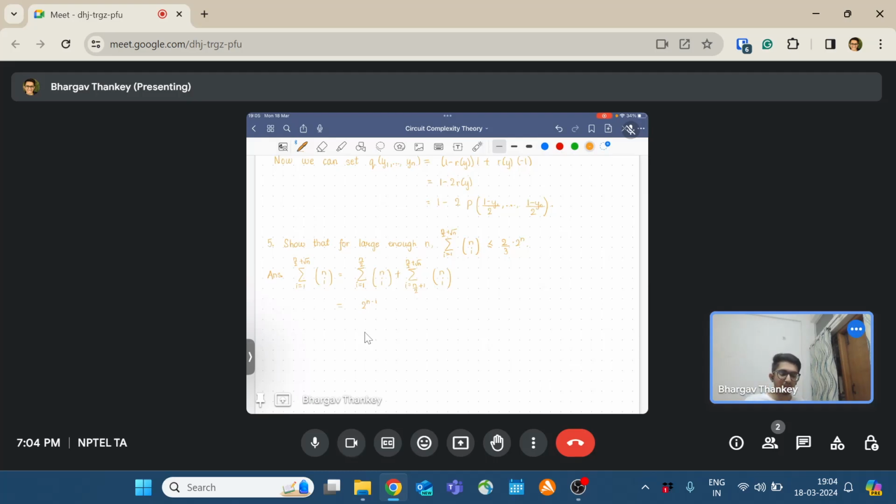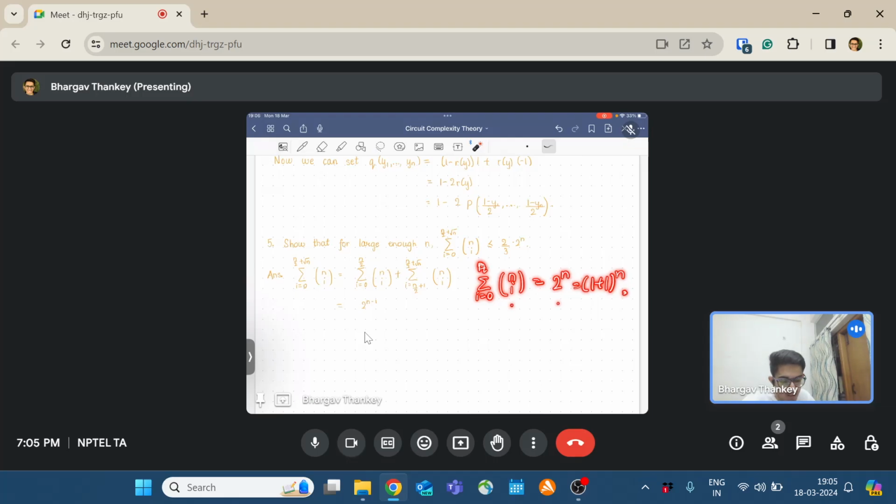Because the sum over i from 0 to n of n choose i is 2 to the n, because this is 1 plus 1 to the n, right? So if you take the binomial expansion of 1 plus 1 to the n, which is 2 to the n, you would get this.